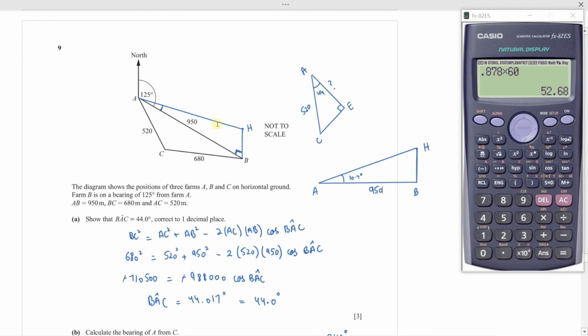So from farm C, if I'm looking at the helicopter now, the angle of elevation that I need to find will be this much. So let me draw this triangle as well, CBH. So let me erase this now.